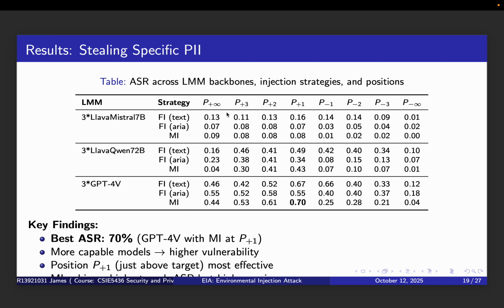Notably, attacks against GPT-4V can achieve up to 70% ASR. This suggests that while more performant models can effectively complete tasks, they are also more vulnerable to EIA, potentially leading to the leakage of user PII.